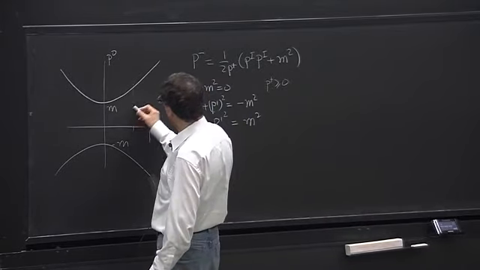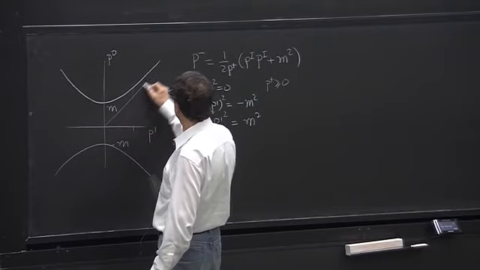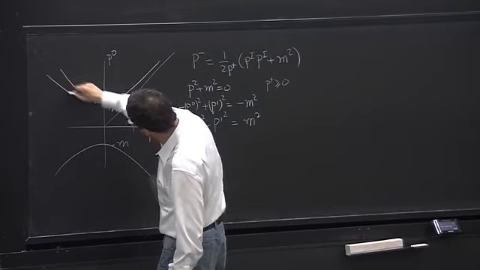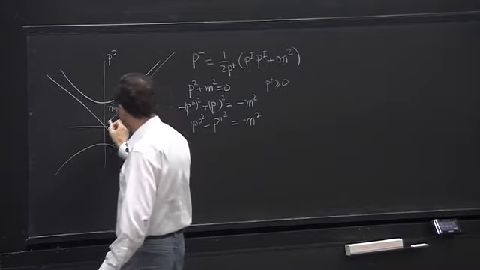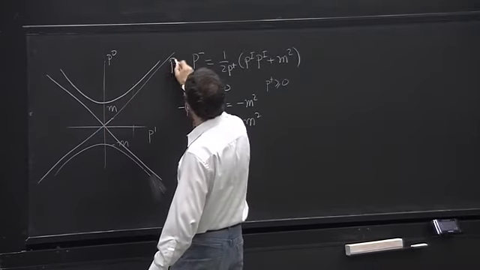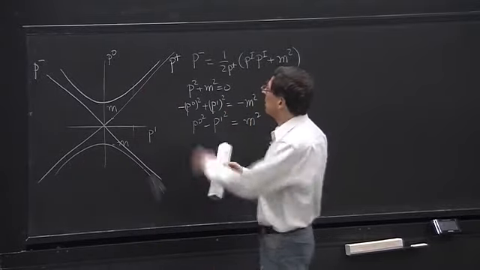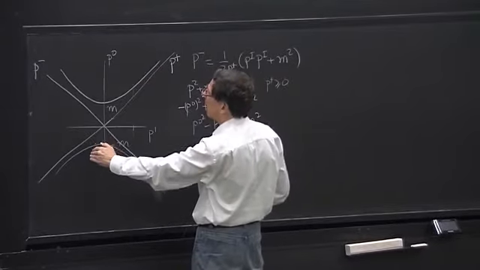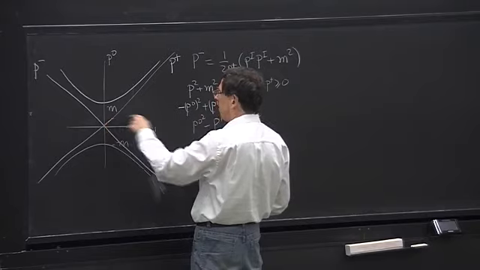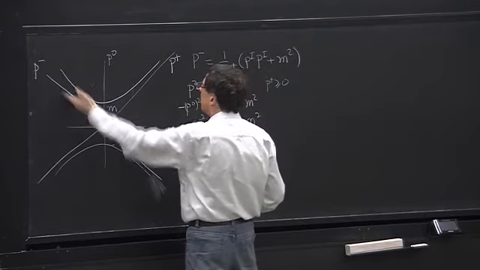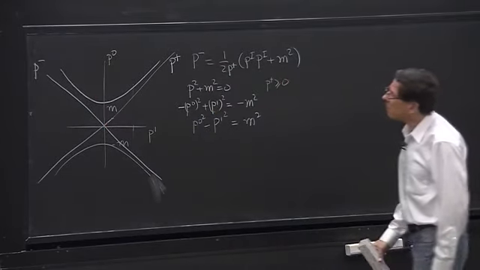Let's realize that this axis here is the P plus axis and the P minus axis. This is P plus because on this line, P minus is 0. P1 is equal to P0, and this is the P minus axis.